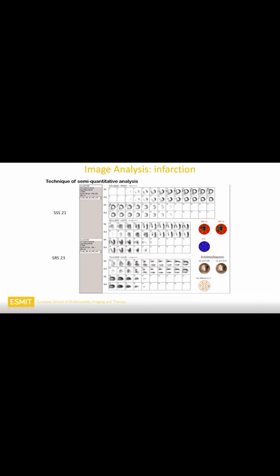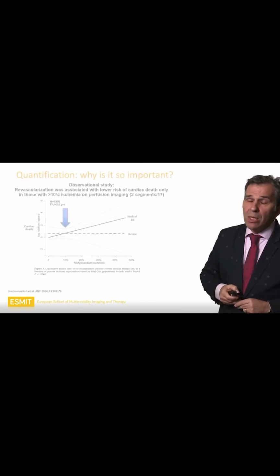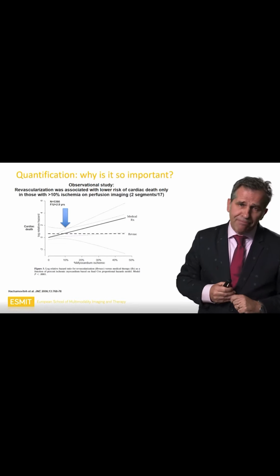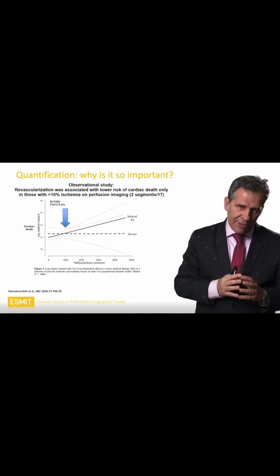Another example with a severe infarction on the anterior wall, and then we have no ischemia, but again, the patient with dilated cardiomyopathy, we can see also the right ventricle, which means a right dilation. So this is, again, a high stress score and high rest score, which means severe cardiomyopathy. Why is it important to get this quantification? It's because it is based on the number of segments of the LV.